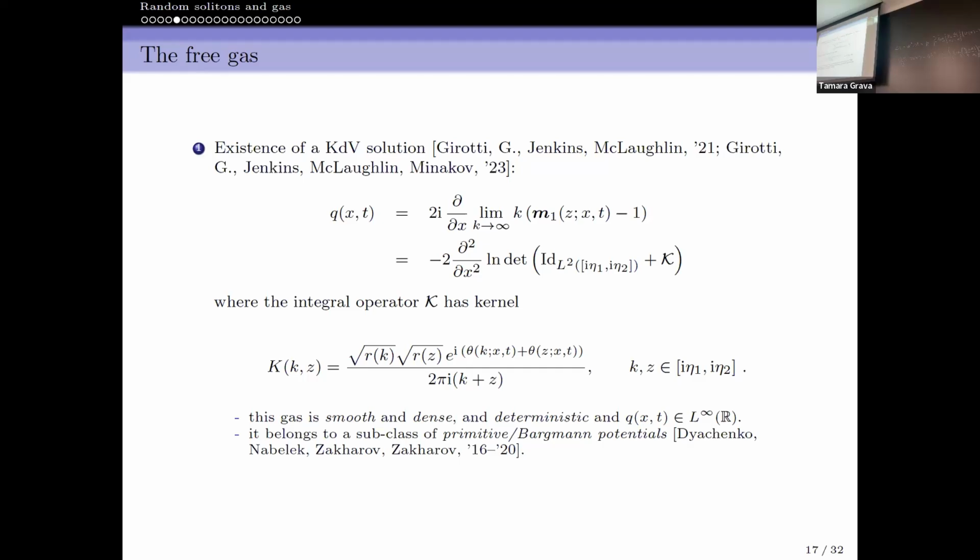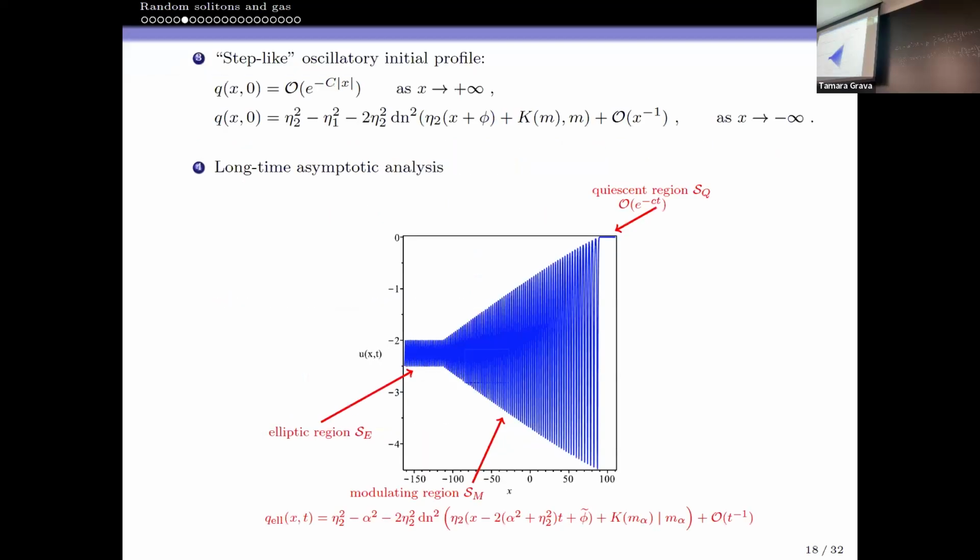So what we get is that this solution is deterministic, we don't have randomness, and it is step-like oscillatory.